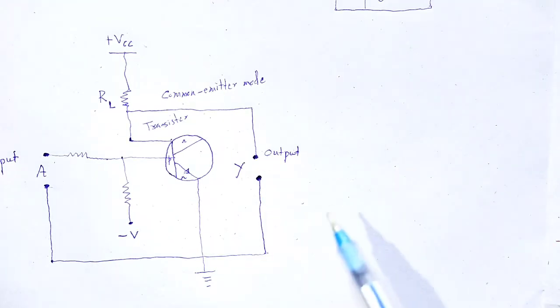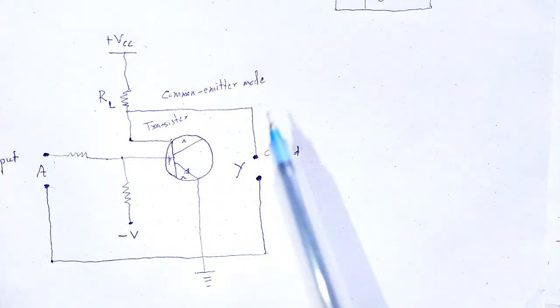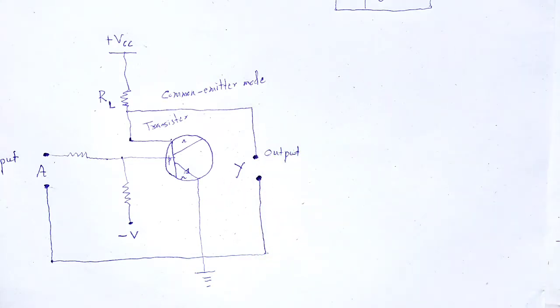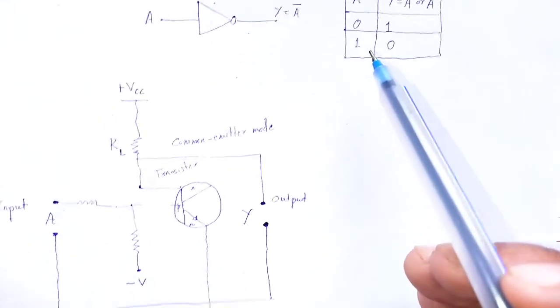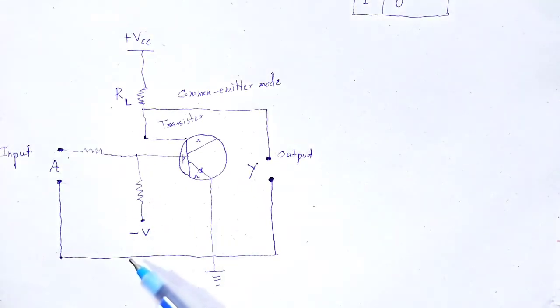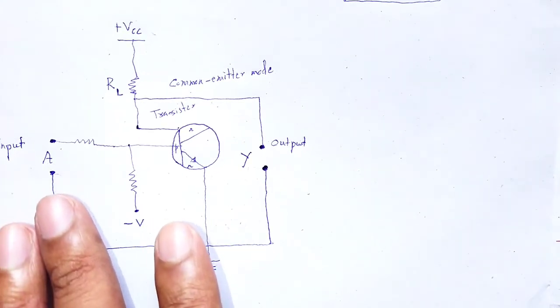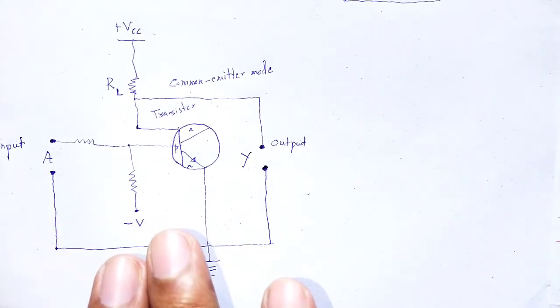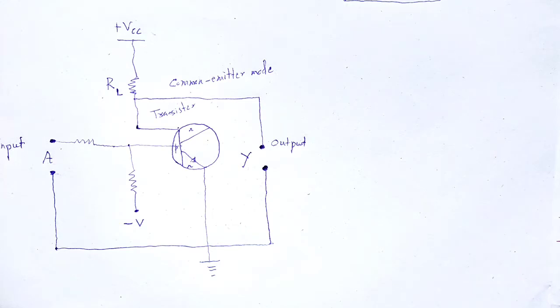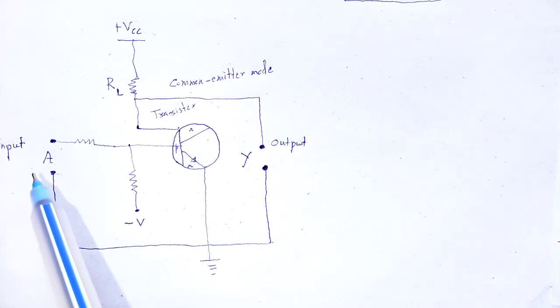Let me understand the action. When A is equal to 0, input is equal to 0. Let us say in the input section a square wave signal is applied.